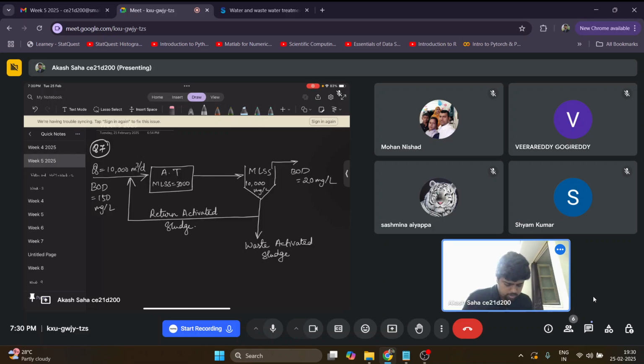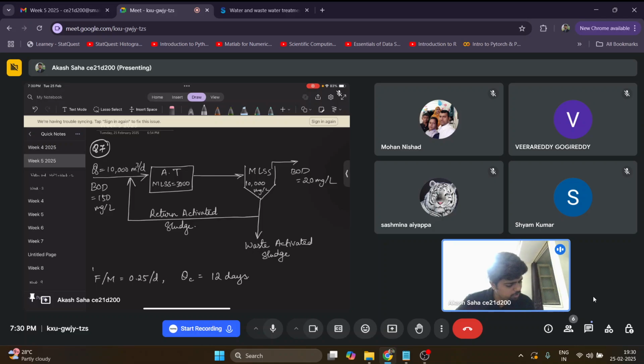Now they are asking what is the amount or the volume of solids that is wasted from the secondary sedimentation tank per day. So the volume of that they are asking. And some parameters they have given, that the F by M ratio is 0.25 per day. The theta C or the SRT is 12 days, and there are other parameters. So from this secondary sedimentation tank, some part of sludge is wasted per day. So what is the volume of that? They are asking.